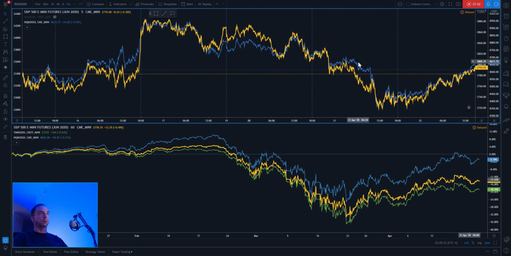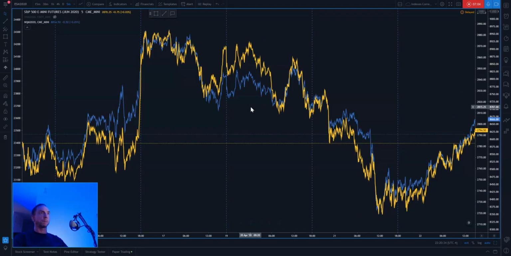So as you can see right here, on this trade, you would do that probably around 7 o'clock in the morning, about 8 o'clock. So you would sell the NASDAQ and you would buy the ES, because if we look at it, that's within roughly a 20-point range for the ES.